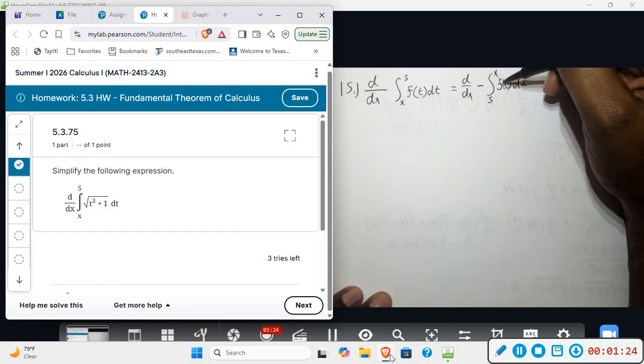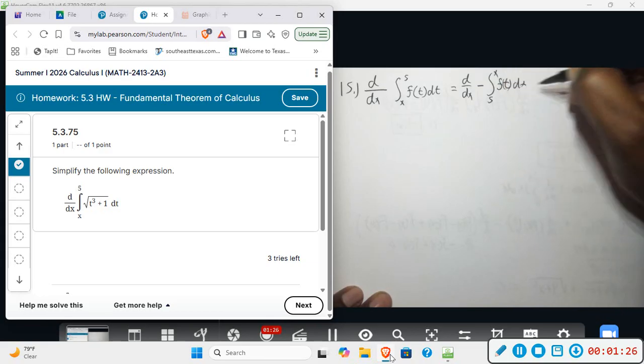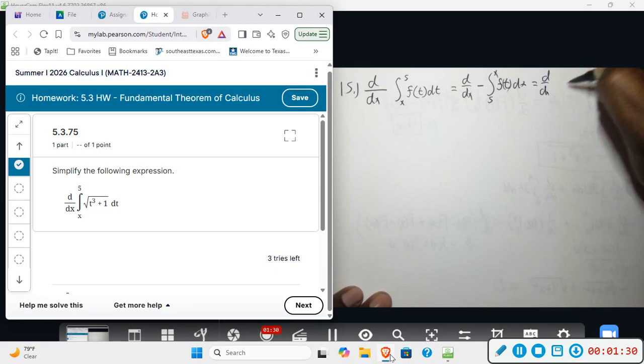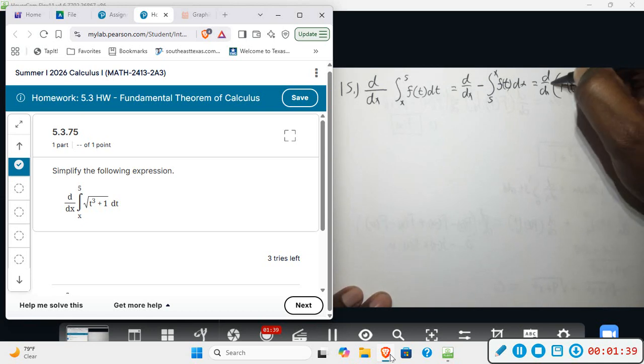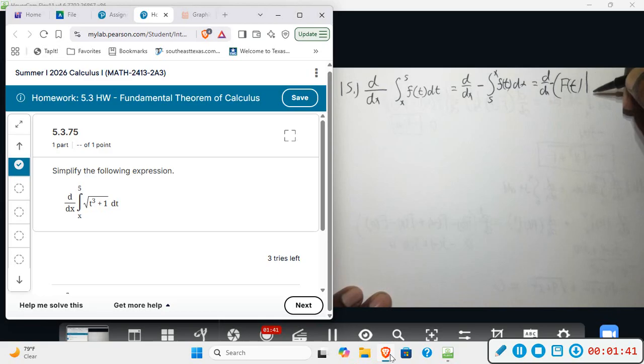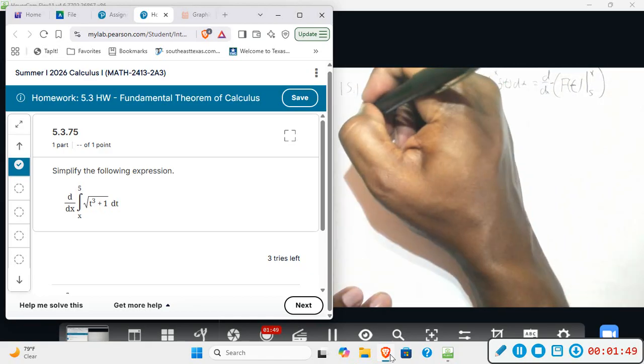When we integrate f of t, so this is a negative, we're going to have our derivative d dx of big F of t. And the big F of t is going to be evaluated from, and there should be a negative out here. Don't lose that negative sign. From 5 to x.